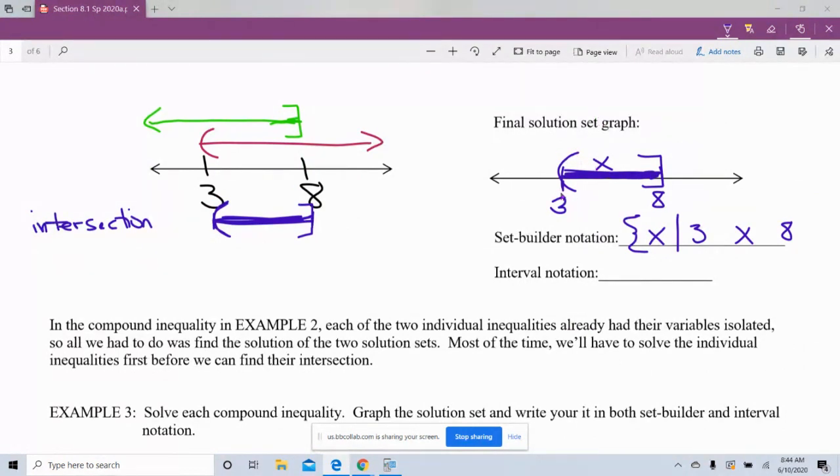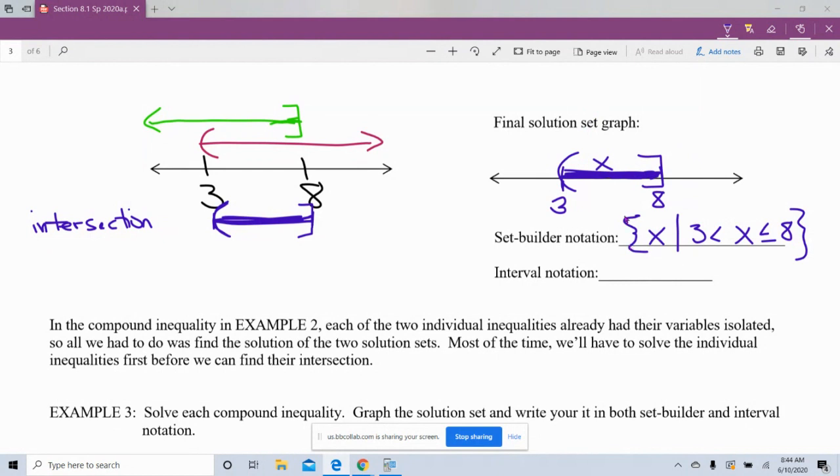Because there's a parentheses here, 3 would not satisfy this inequality, so I do not want to have an or equal to, so I'm just going to use the less than symbol there. And because I have a square bracket here, 8 would satisfy this inequality, so I do want to have that part of an equal sign there, so it'll be is less than or equal to. And then I close my set bracket.